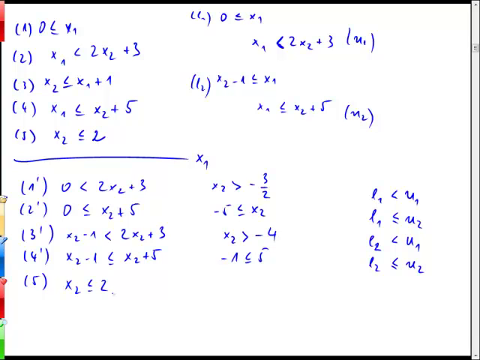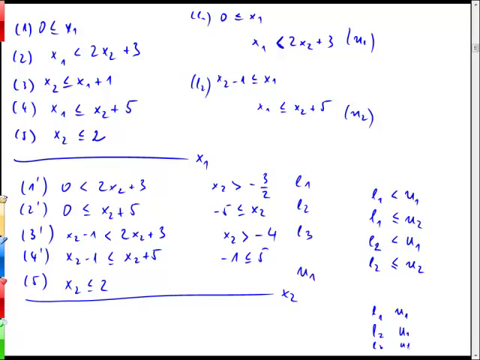Okay, I would like to eliminate now also x2. We check. I have here a lower bound, another lower bound, another lower bound. I have a tautology, and here I have one upper bound. So the conditions that I get for the existence of x2 are the combination of lower bound 1 with the upper bound, lower bound 2 with the upper bound, and lower bound 3 with the upper bound.